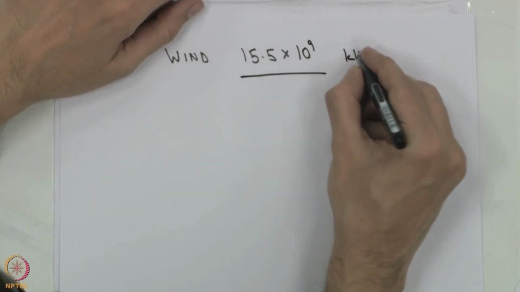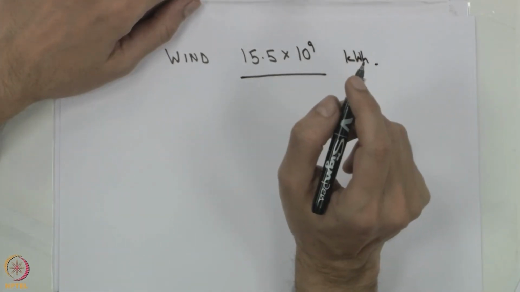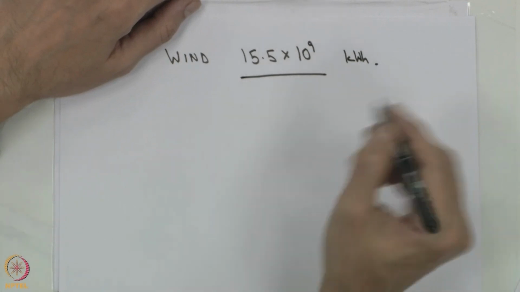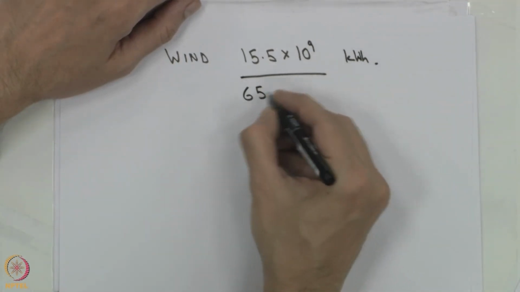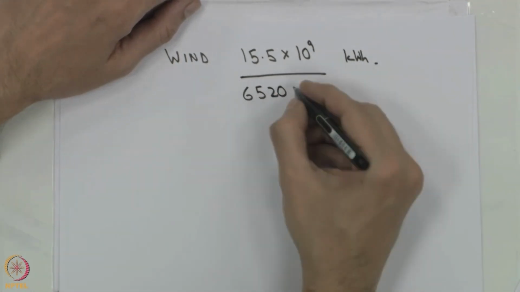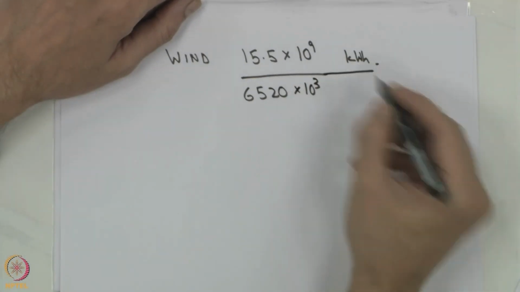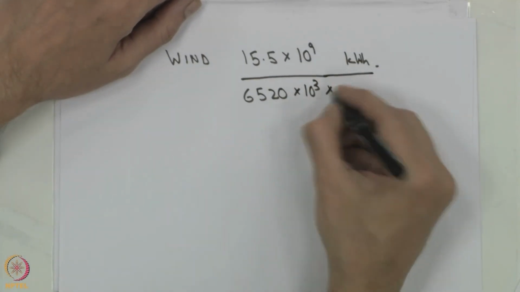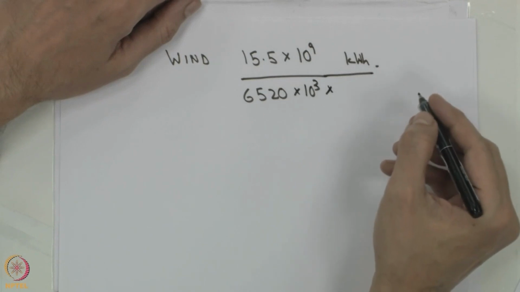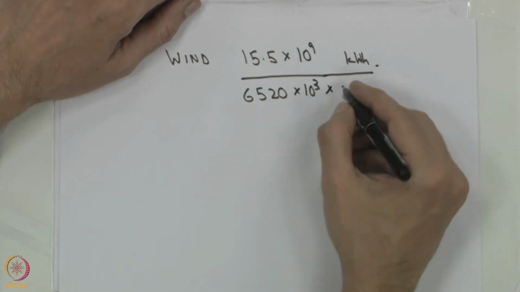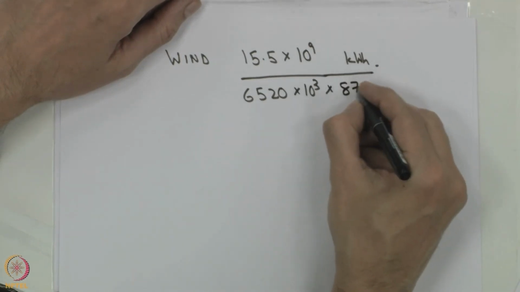divided by the installed capacity of wind, which is 6,520 megawatt, which is into 10 raised to 3 kilowatt, and into the total number of hours, 24 into 365 or 8760.